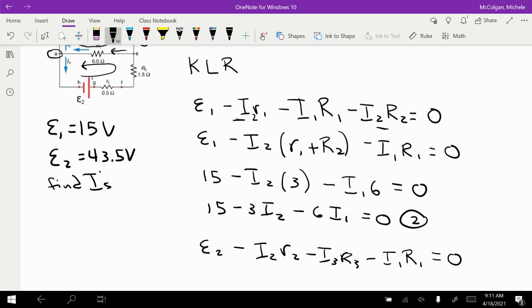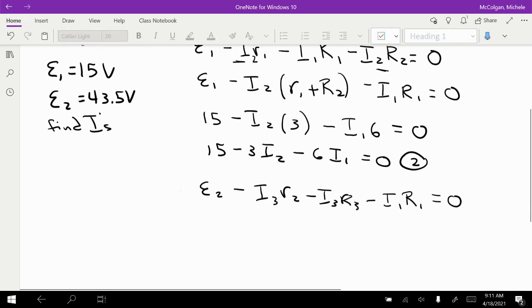E2 minus, I think I miswrote this, so R2 has I3, and I still have I3 for R3, yep, and then minus I1, R1. All right, and so again, I'm going to plug in my values here.